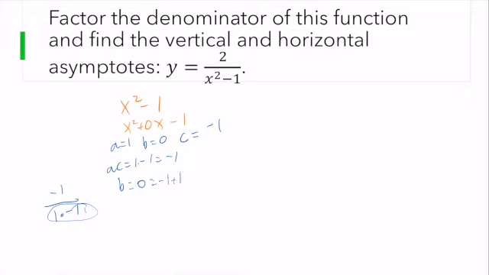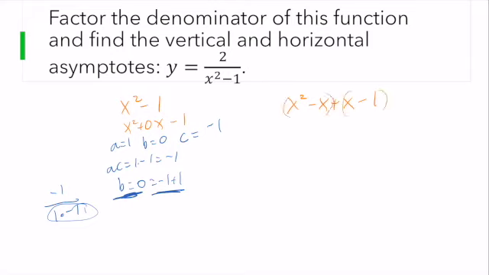So remember, I do all this so I can rewrite my middle term, b, instead of as 0x, as -1x plus 1x. So I'm going to have x squared minus x plus x minus 1. And then we factor by grouping.